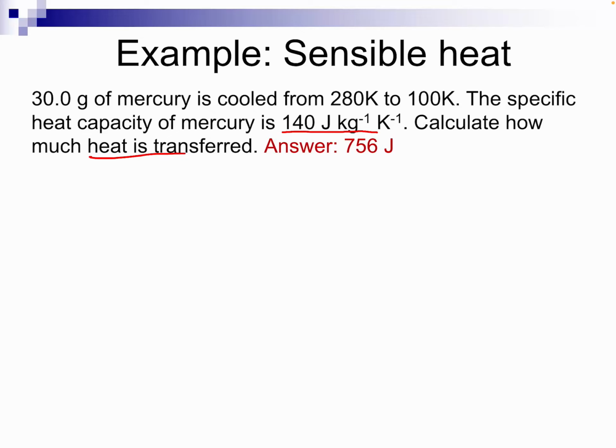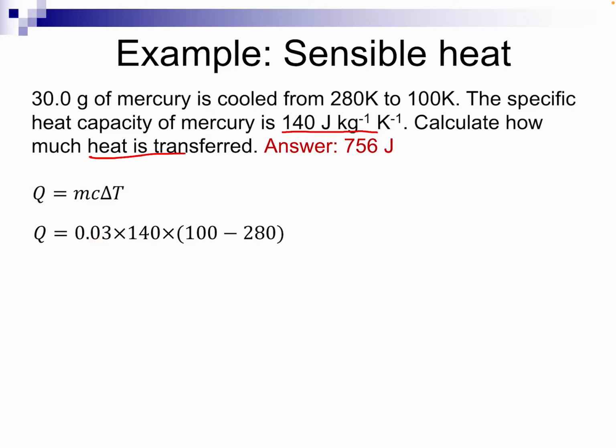So it's a relatively straightforward application of the equation, right? The temperature changed, so we're able to sense the effects of adding or transferring heat, and that's given by Q equals mc delta T. We want to find Q. M is the mass of the object whose temperature changed, which is mercury, 30 grams converted to kilograms, 0.03 kilograms.